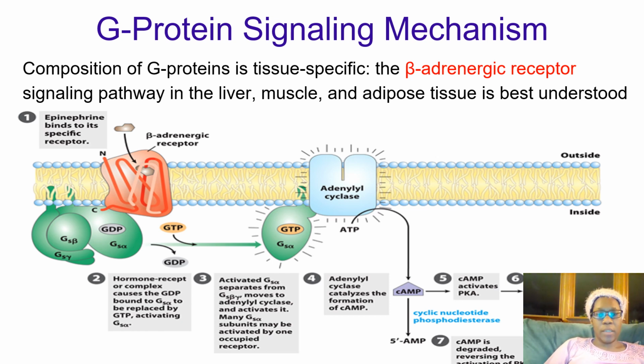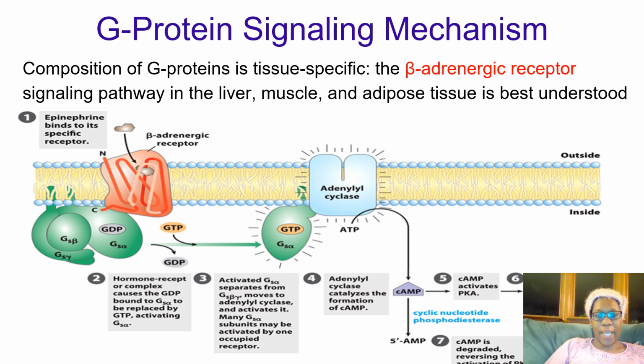This then causes a conformational change in the enzyme adenylyl cyclase. This enzyme is going to bind to and act on an ATP. So there are many ATPs already in the cell. Once this adenylyl cyclase is activated, it can catalyze the reaction that turns an ATP into a cAMP molecule.